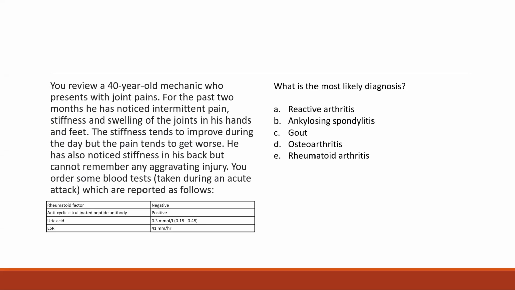Anybody? Okay, answer is rheumatoid arthritis, because rheumatoid factor, again, is not specific for everybody, but anti-CCP is a pretty good indicator.